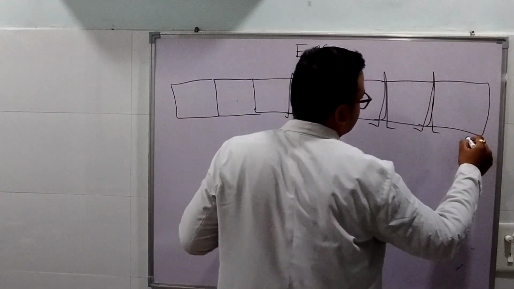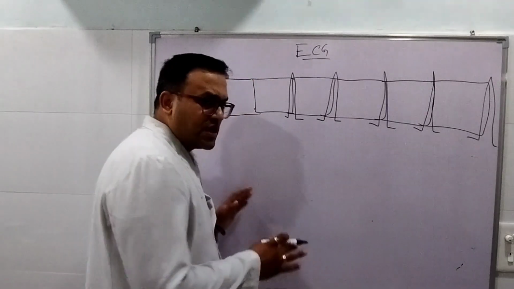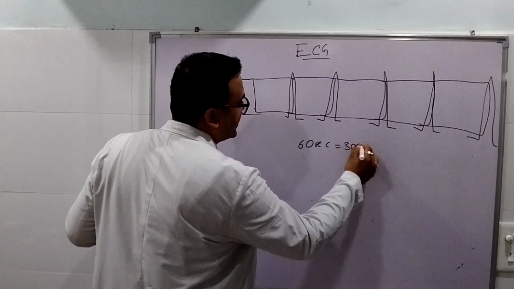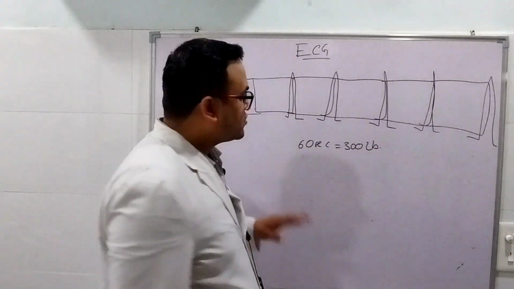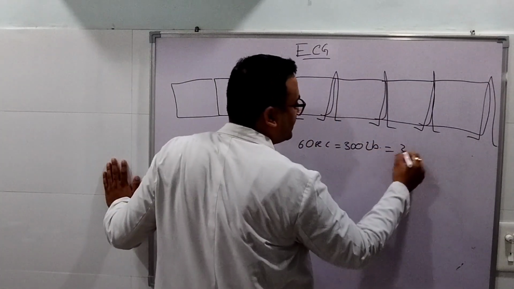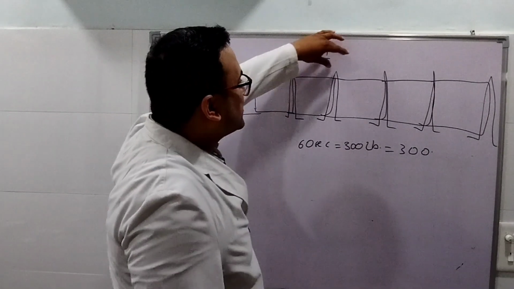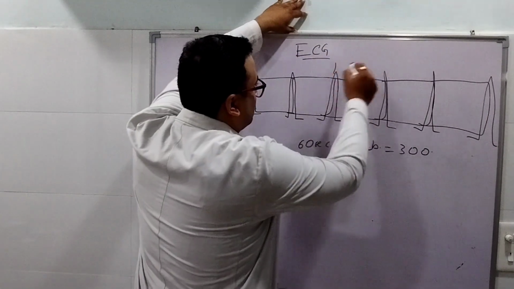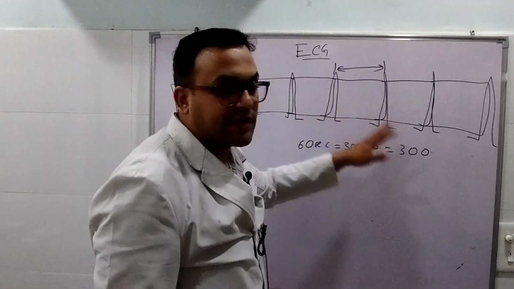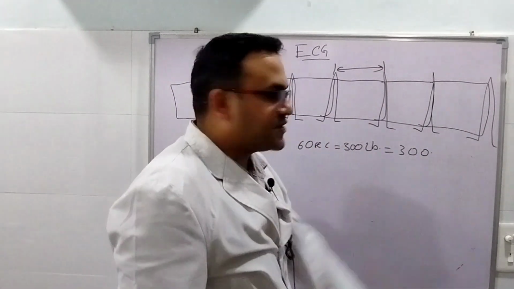I told you 1 minute, 60 seconds, has 300 large boxes. So if every large box has a QRS, that means the heart rate will be 300. So just see how many large boxes there are between the two. Divide 300 by that number and you will get your heart rate, if the heart rate is regular.